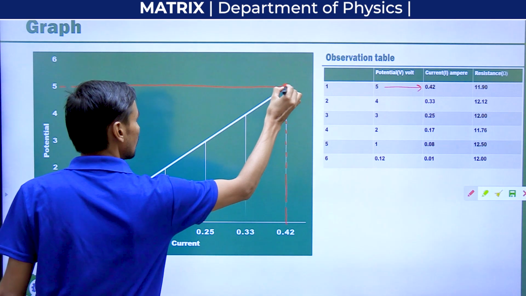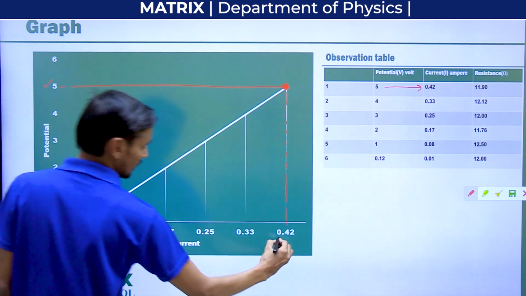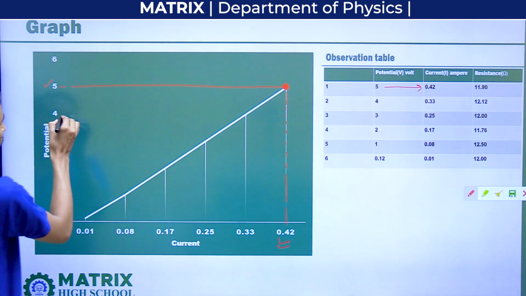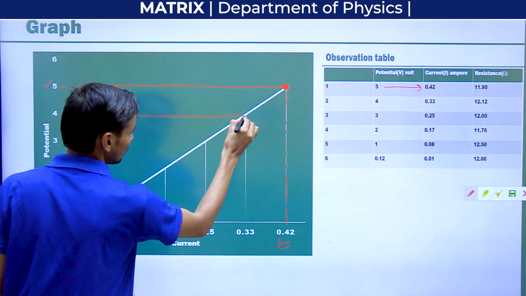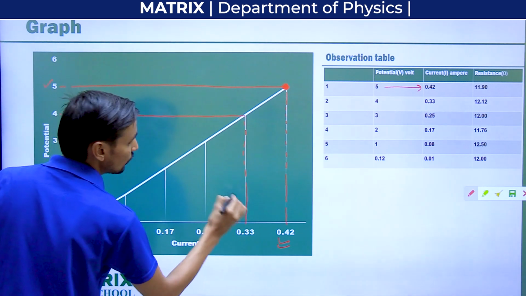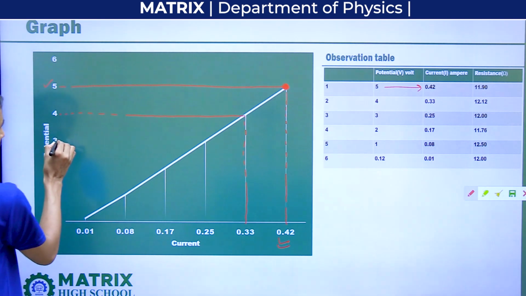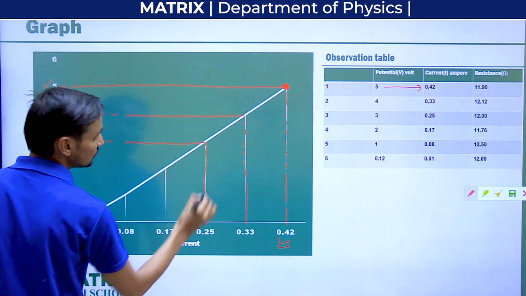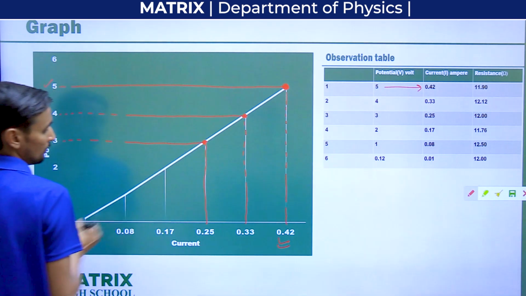So here potential is 5 volt and current is 0.42 ampere. Now if we take this value as 4 volt, then current is 0.33 ampere. Now if we take potential as 3 volt, then current comes 0.25 ampere.